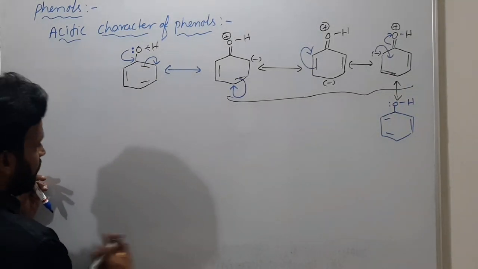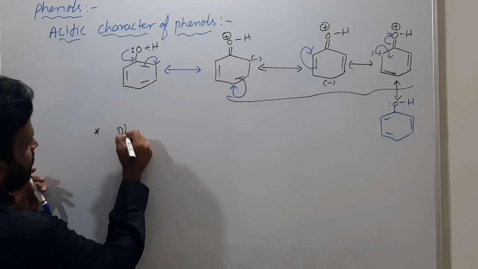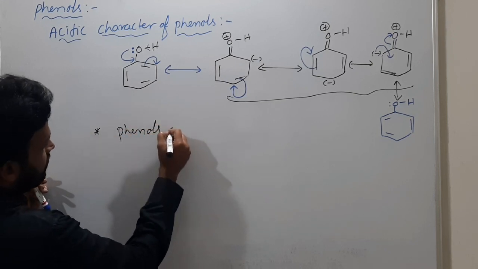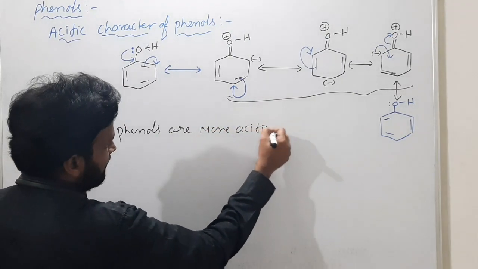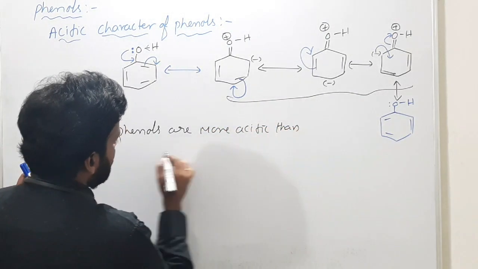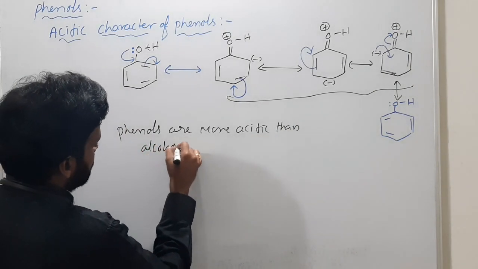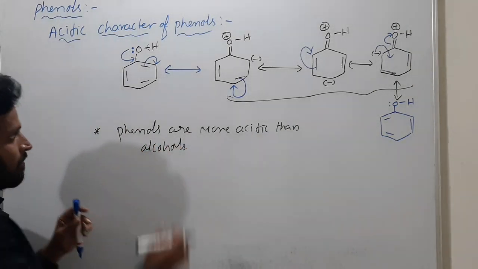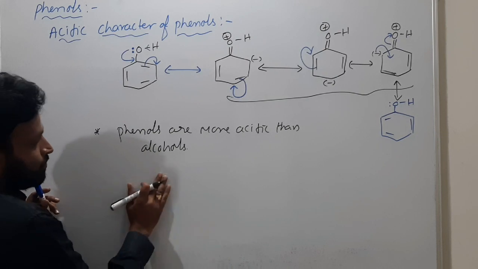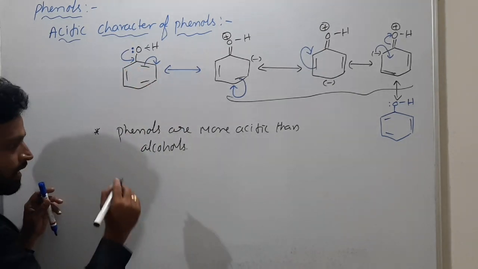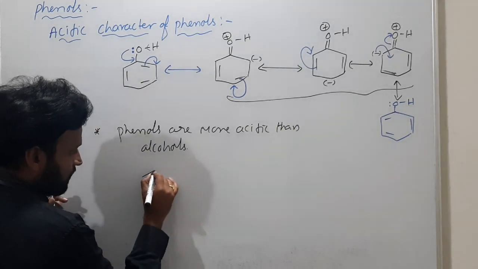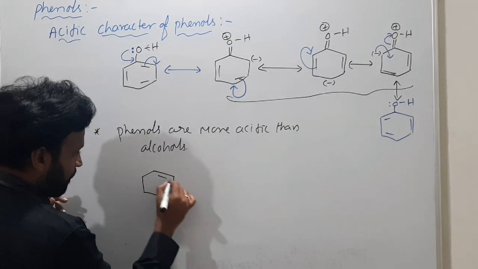That's why, our conclusion, phenols are more acidic than whom? Alcohols. Because of the electron withdrawing group. So who is the electron withdrawing group? Benzene.